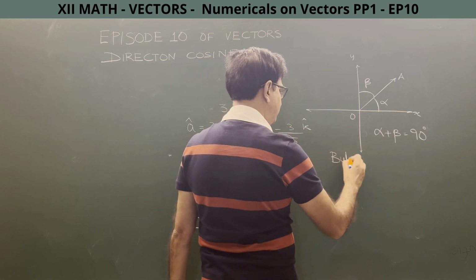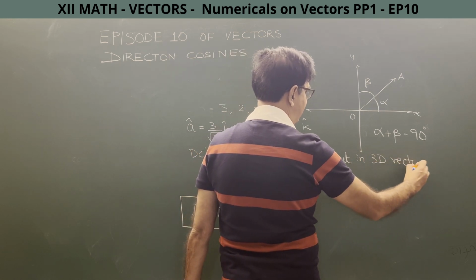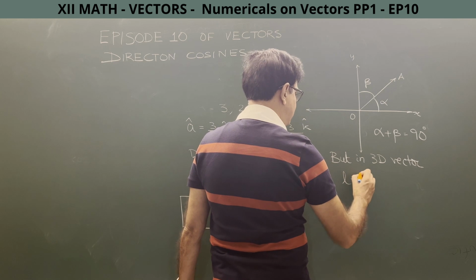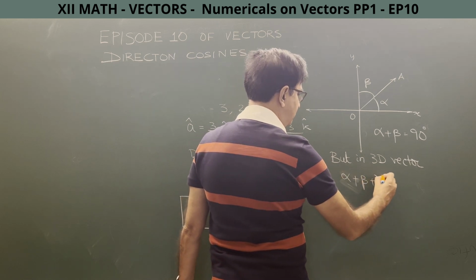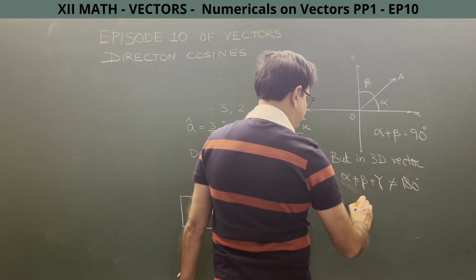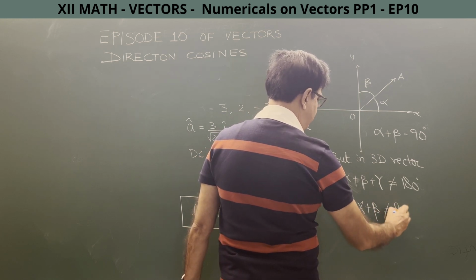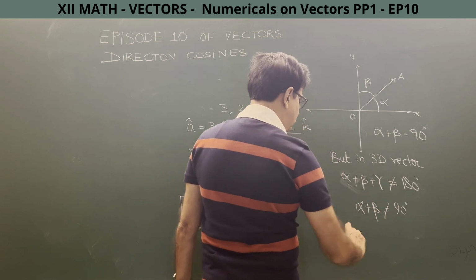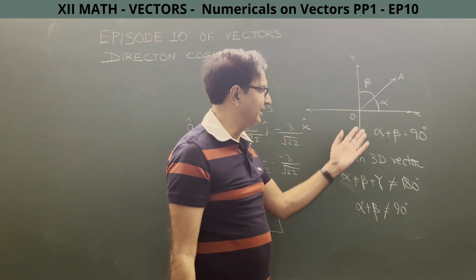But in a three-dimensional vector, alpha plus beta plus gamma is not equal to 180 degrees. Alpha plus beta is not equal to 90 degrees. So there is no summation relationship between the angles.